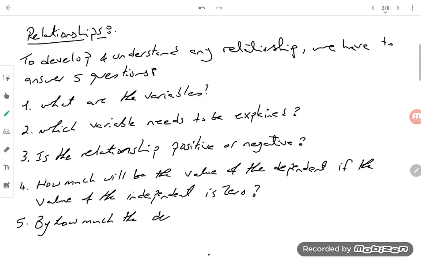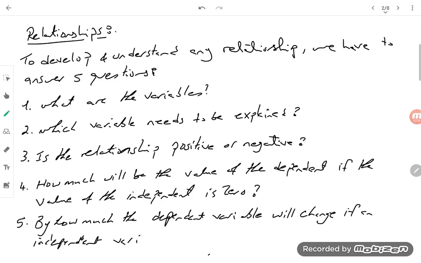So these are the 5 main questions that should be answered in order to understand and develop the relationship between two variables.